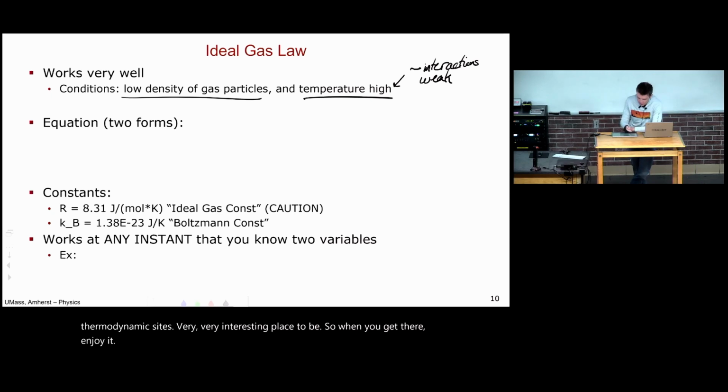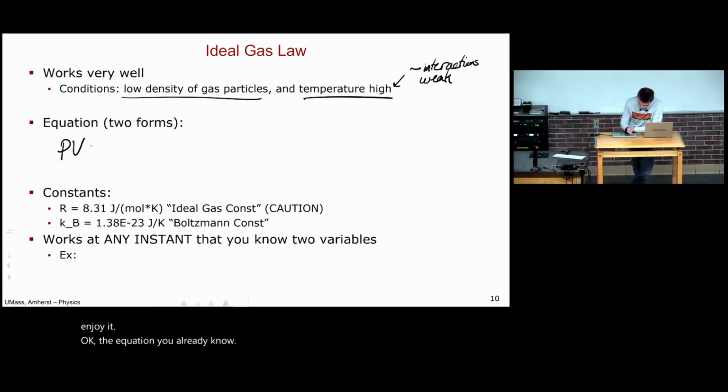Okay, the equation you already know from chemistry: PV equals little n RT. Some commentary on it. Pressure is in pascals, not atmospheres.